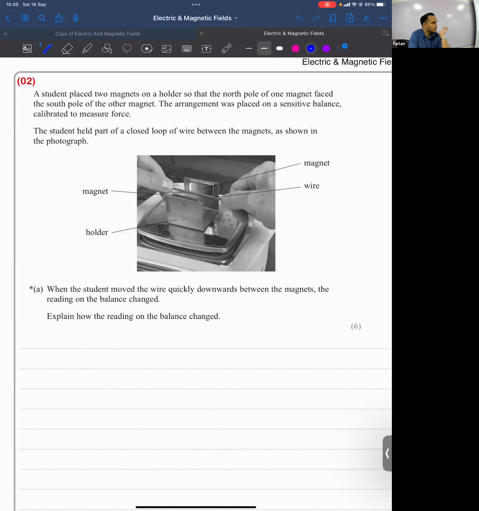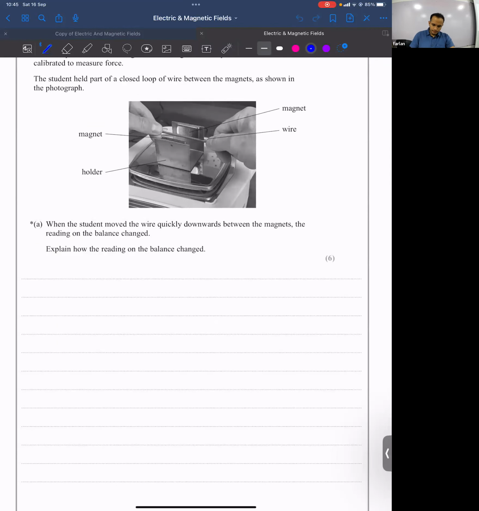Did you understand the question? Okay. Right, guys, now there is a top pan balance. On top of that balance, there is a magnet.